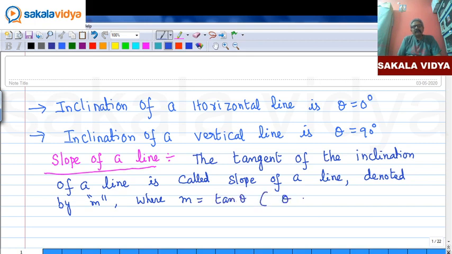Here theta is the inclination of a line.